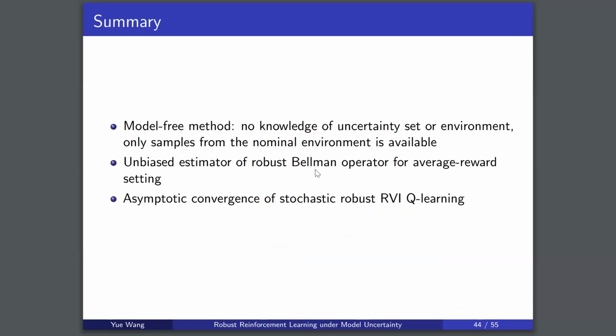So to summarize, in this model-free setting, we have no knowledge of this uncertainty set or the nominal transition kernel, but only samples from the nominal environment. And then we construct an unbiased estimator for the robust Bellman operator for average reward setting, and then we showed the asymptotic convergence of our stochastic robust RVIQ learning algorithms.